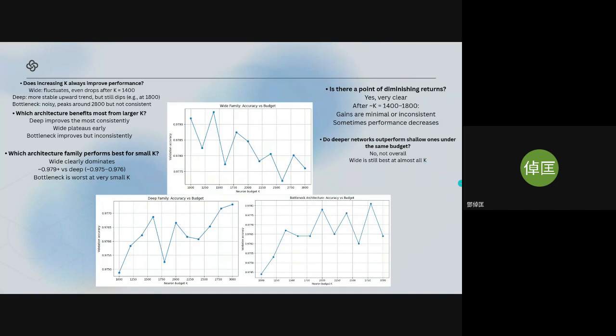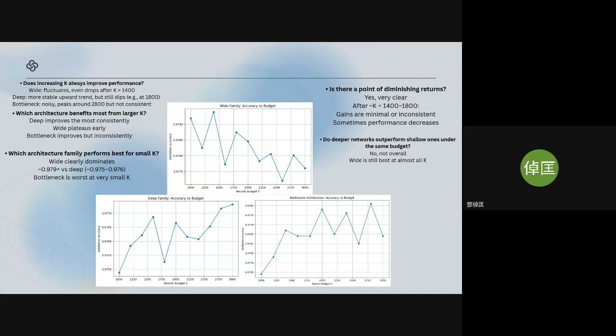And I think our plot goes up and down a lot more because I only have 10 epochs. It might be because of that or something else. I'm not entirely sure. But for the wide family, for the lower neuron budget, it seems like it performed better.